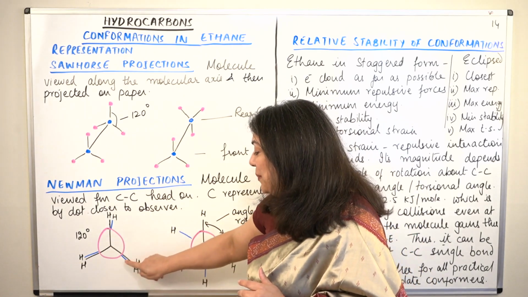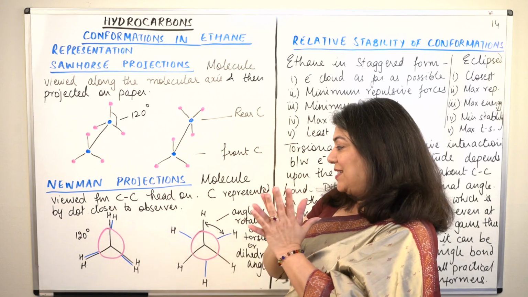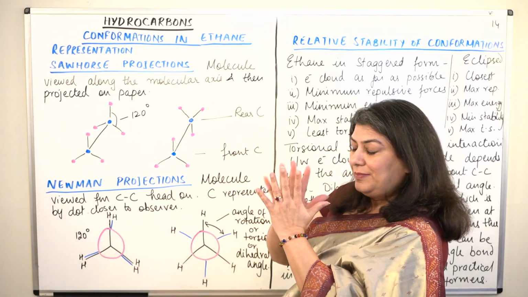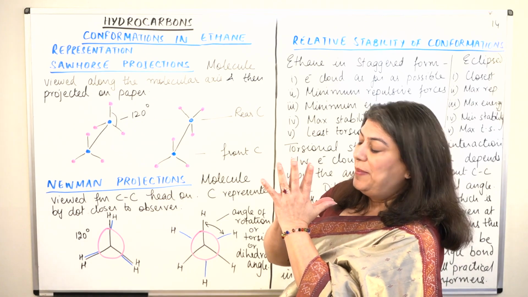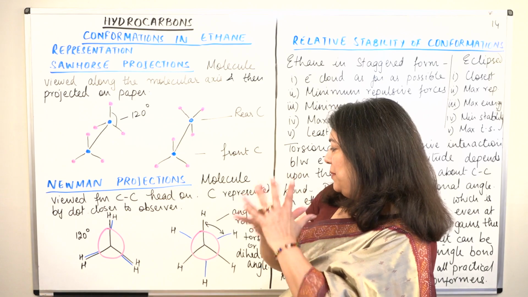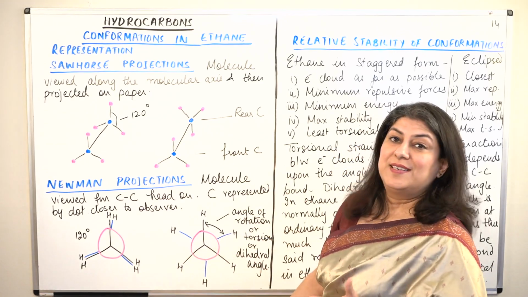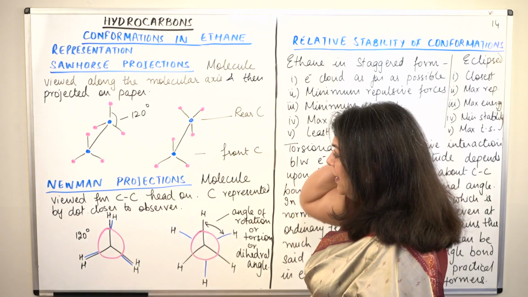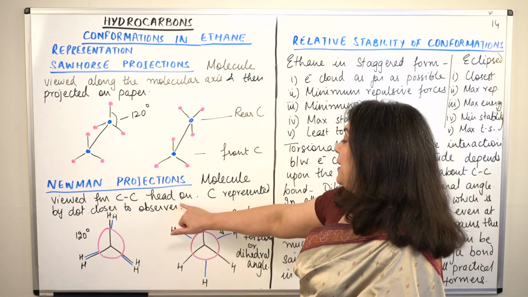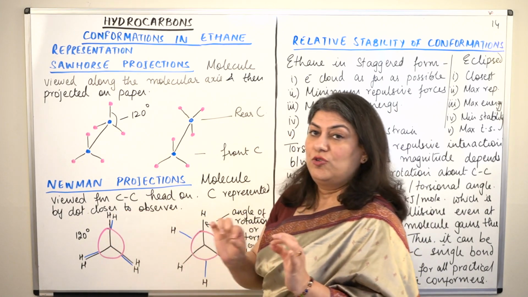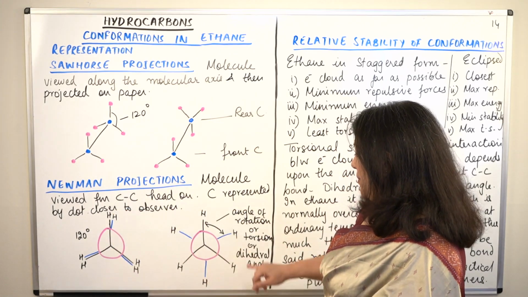If they are exactly behind this, the pens, as I used pens, you could use a ball and stick or whatever. And in imagination, if they are exactly behind it, then it is eclipsed conformation. If they are exactly in between, the other extreme, then it is the staggered conformation. So the molecule is viewed from carbon-carbon head-on, and the carbon represented by a dot which is closer to the observer is the front carbon.